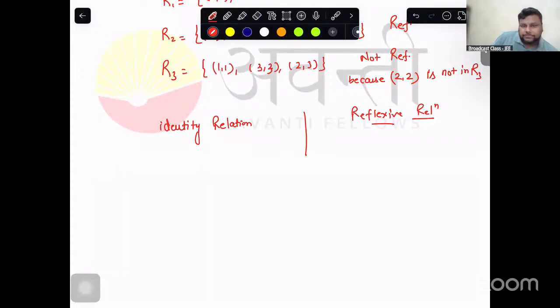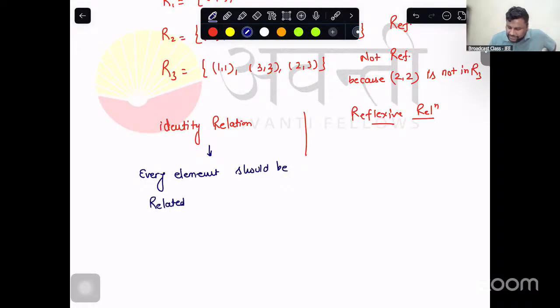See, in identity relation, every element should be related to itself only.